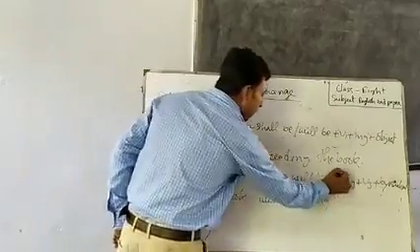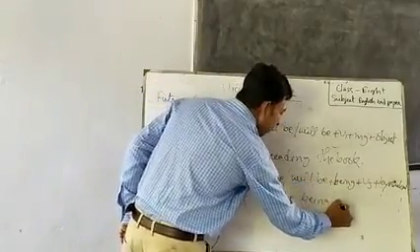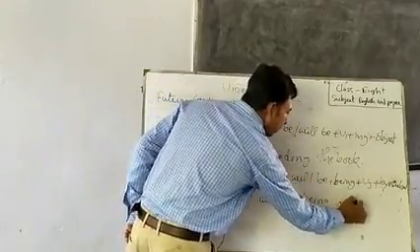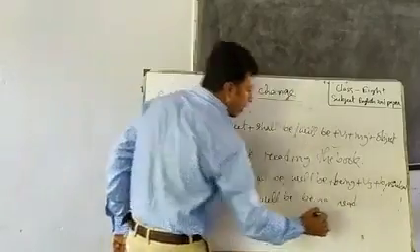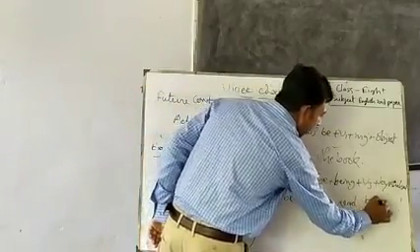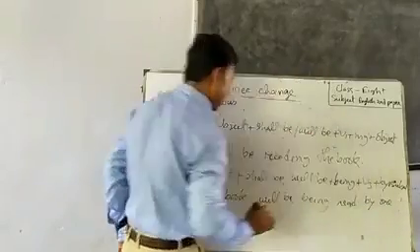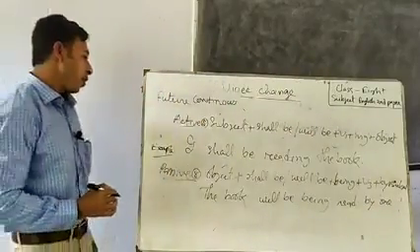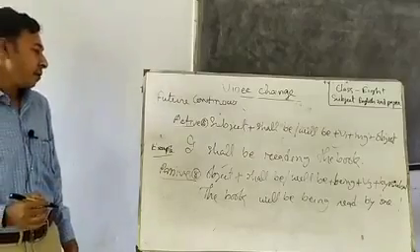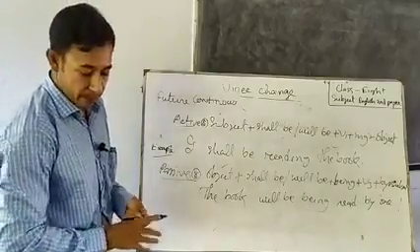We write being, verb 3, read, and write by, and subject is me. The book will be being read by me.